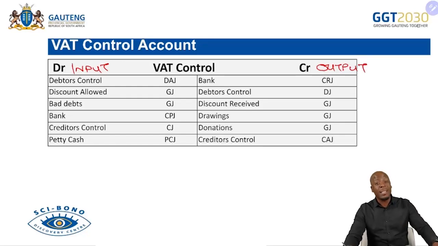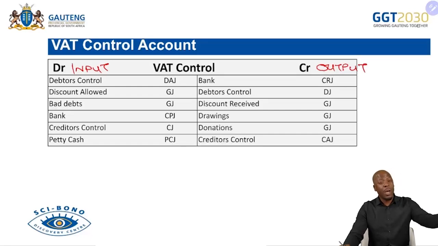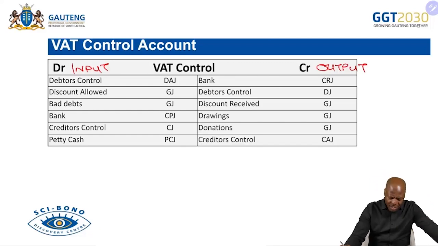When we make a sale, which direction are the goods going? Out. Therefore, sales, we're talking VAT output. And when we purchase goods, purchases, now you can tell me whether it is input or output, because when we're purchasing, goods are coming in. Therefore, it means my purchases becomes input VAT.